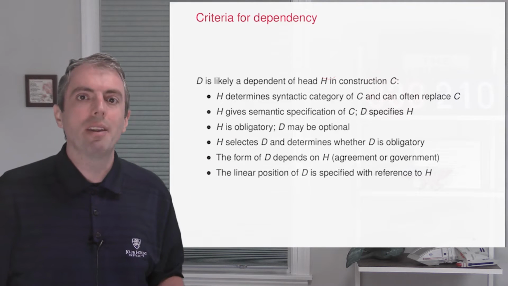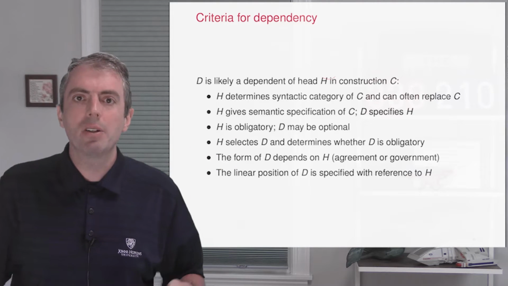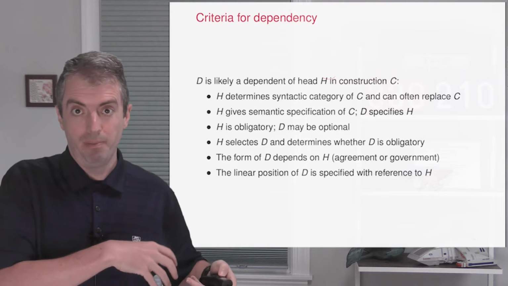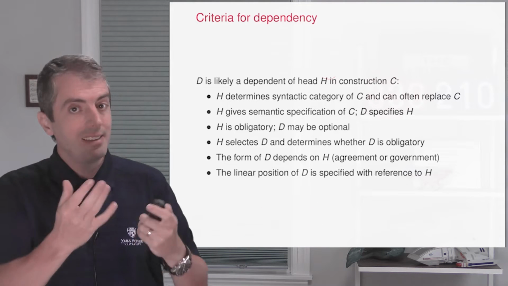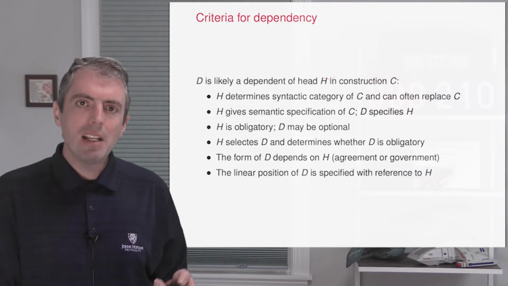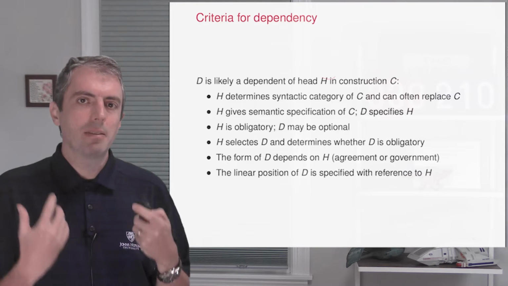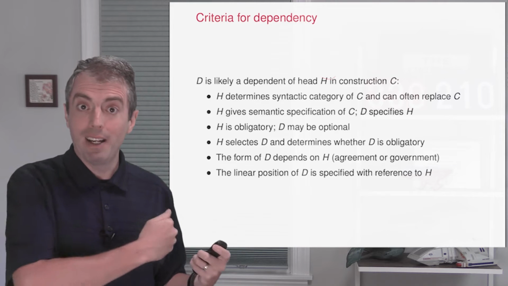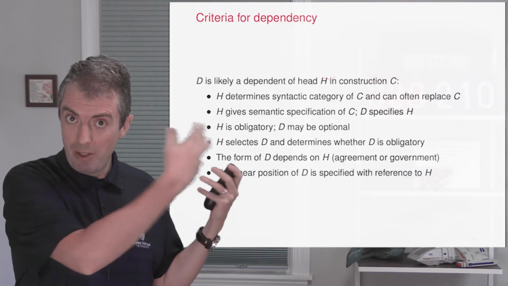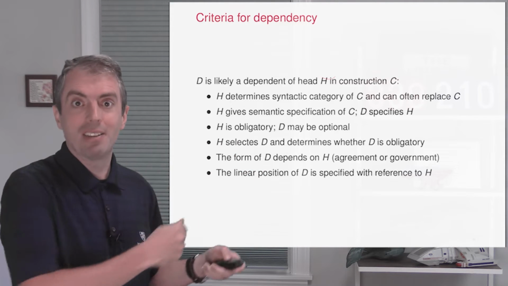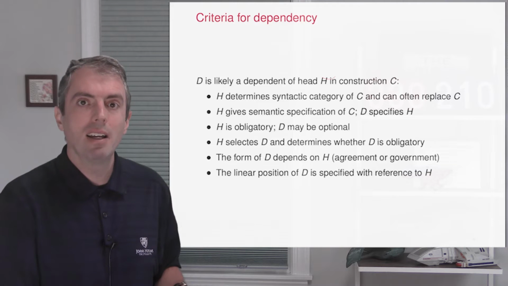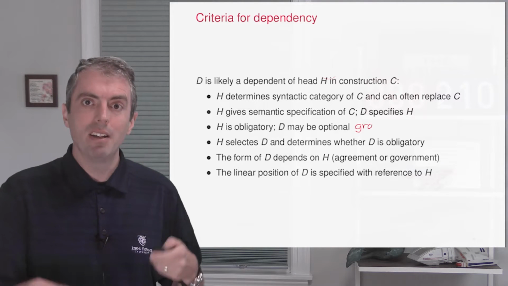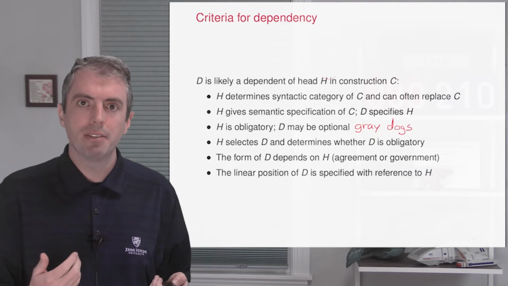If you have dogs with a shaggy fur are fun, you could just replace the whole construction, dogs are fun, and it's still grammatical. If H somehow gives the semantic specification of C, and the dependent specifies H, you probably have a head-dependent construction. If you have a gray dog, that specifies what kind of dog you have.